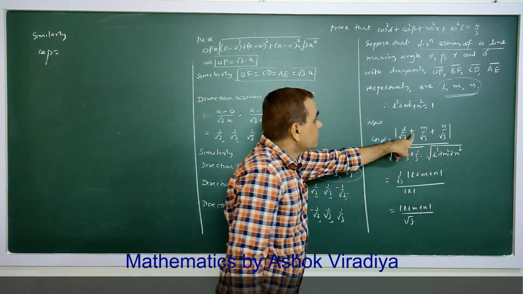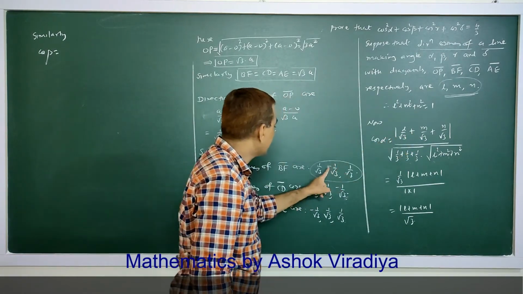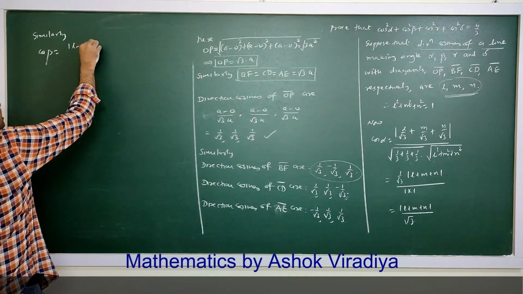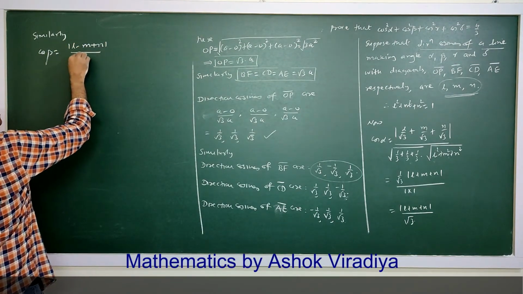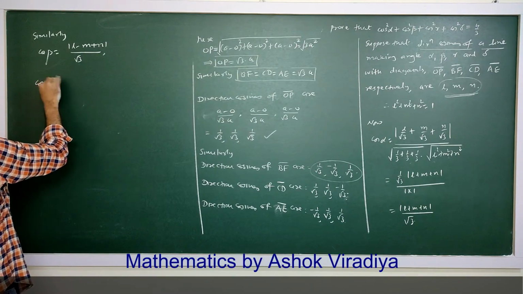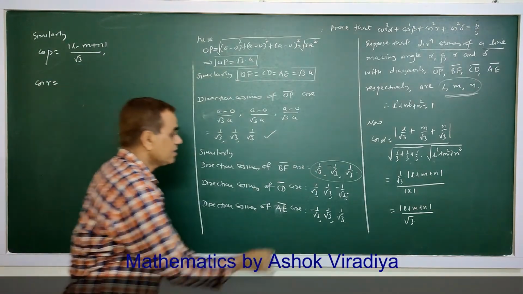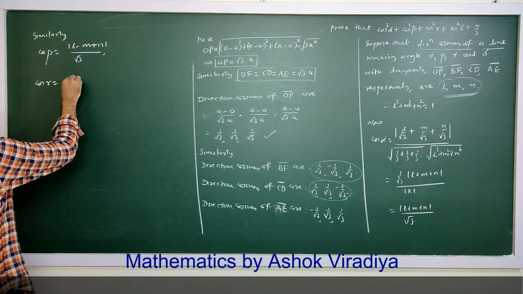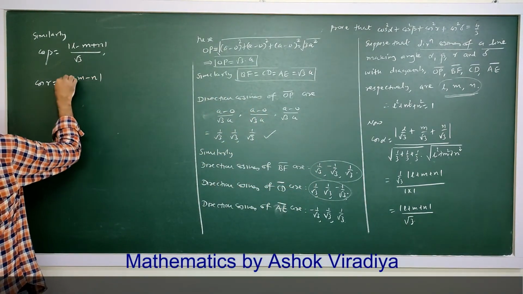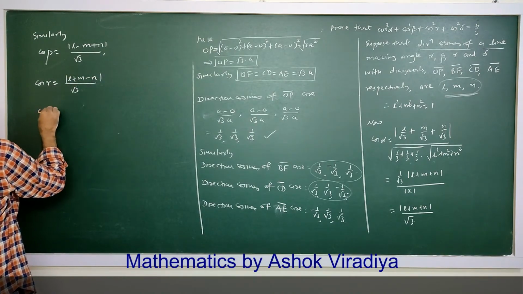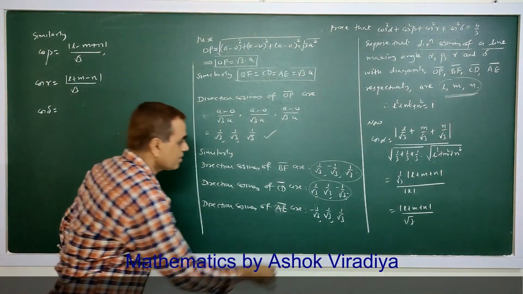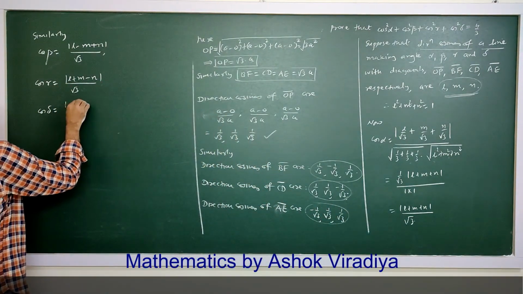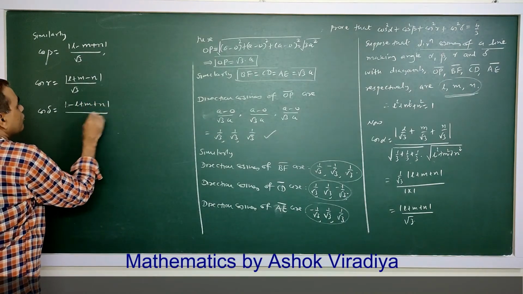So only the difference will be in sign. Here we will get a minus sign. So modulus of L minus M plus N upon root 3. Similarly cos gamma is L plus M minus N upon root 3. Cos delta is, consider these numbers, minus L plus M plus N upon root 3.